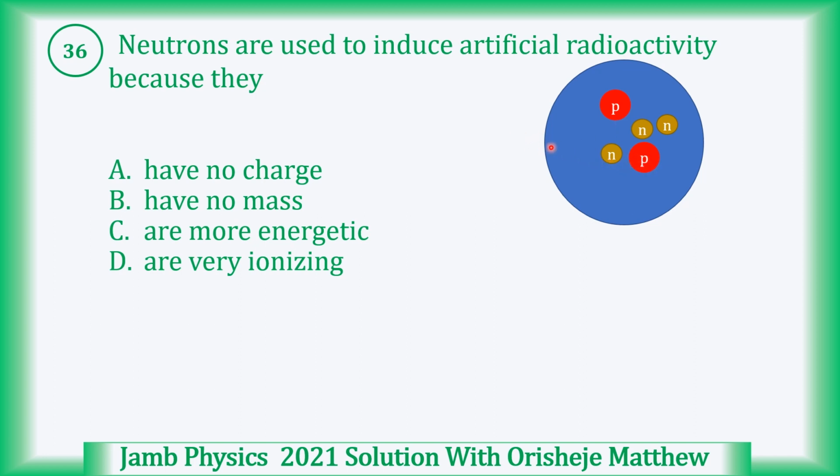But if you use an alpha particle or a beta particle, there is that repulsion that comes from the electric charge that the alpha and the beta have. And this high penetration of the neutron into the nucleus of an element can upset the proton-neutron ratio inside, and then make the nucleus become radioactive.